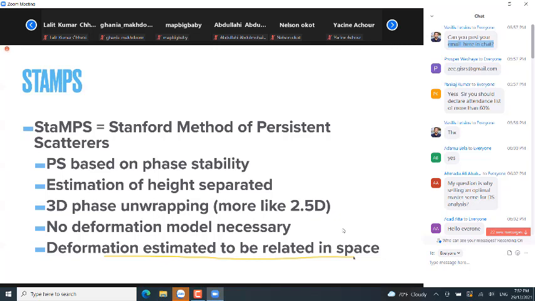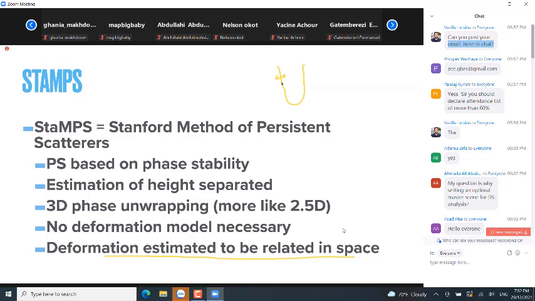So, for example, if you have a landslide, you typically have, painted here, some landslide motion, okay, and there is a strong gradient here at the edge of the landslide. At that part here, typically you do not have a relation of the motion in space. You have a jump in the motion.